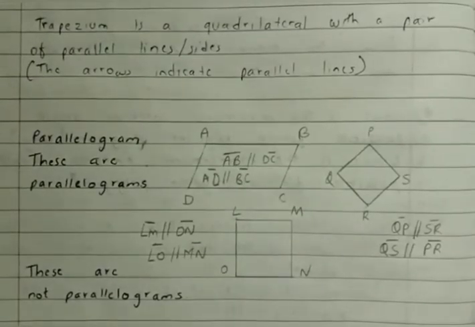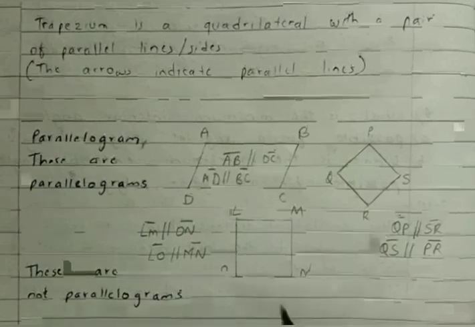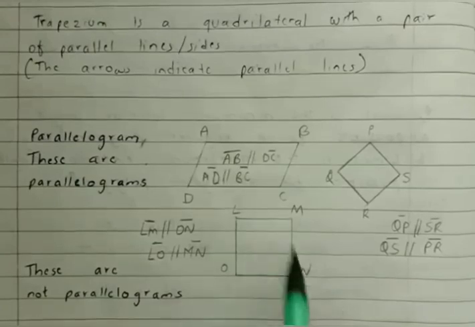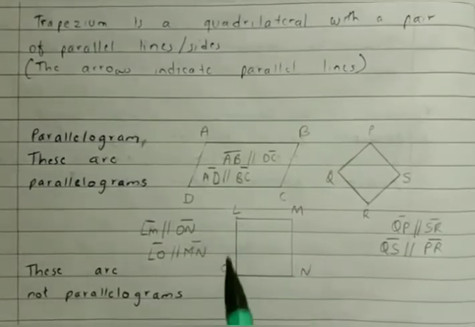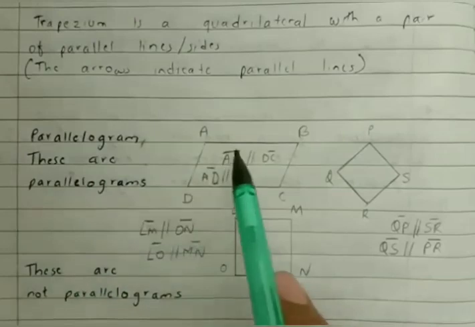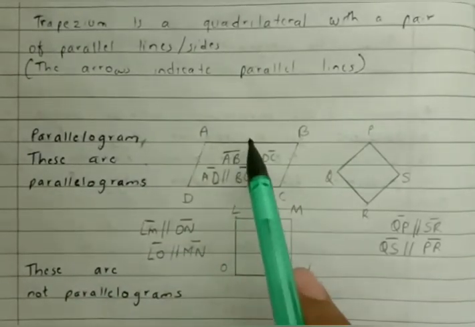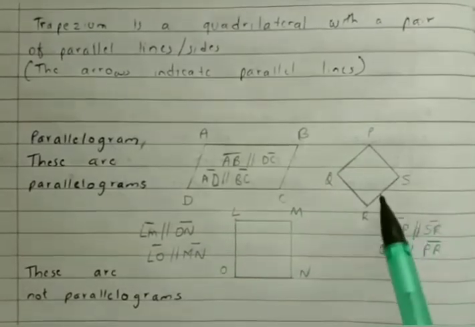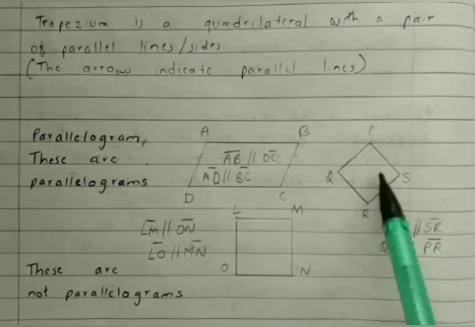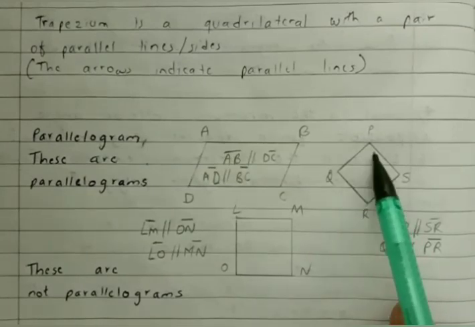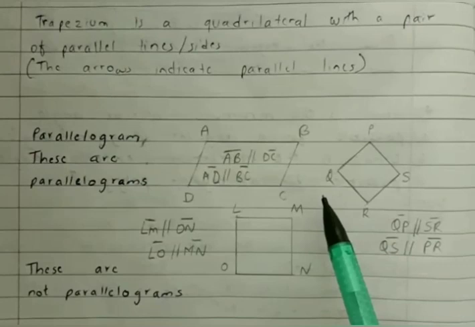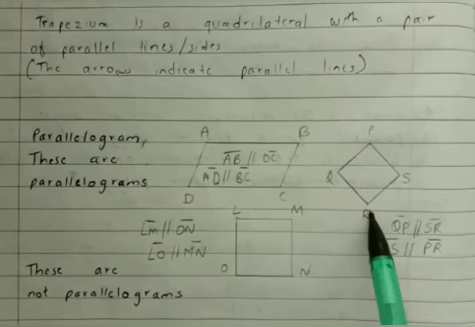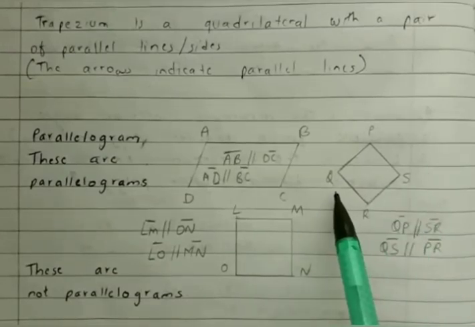Now you can see all these are said to be parallelograms. Why? The name itself suggests parallel. That means these two are parallel to each other, and these two, AD is parallel to BC in this figure. If you take the shape of a square, same. PQ is parallel to SR, right?